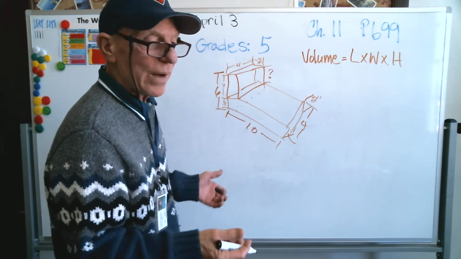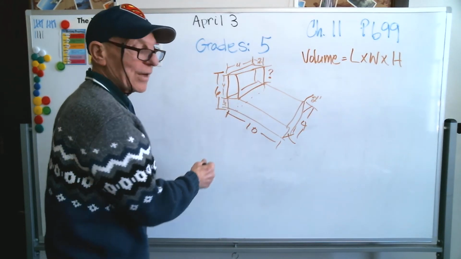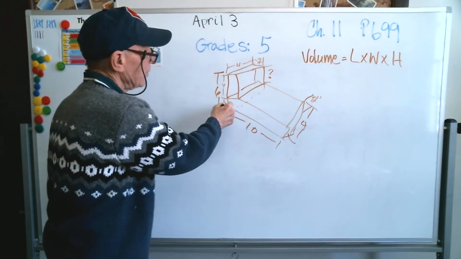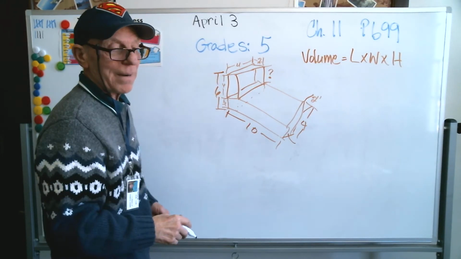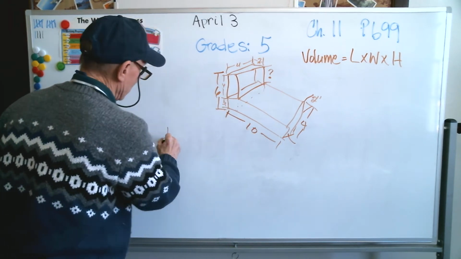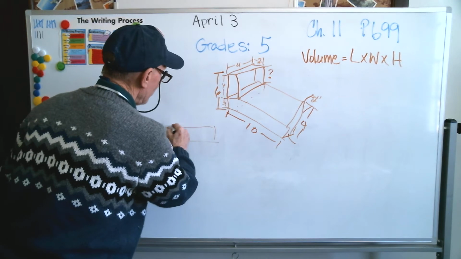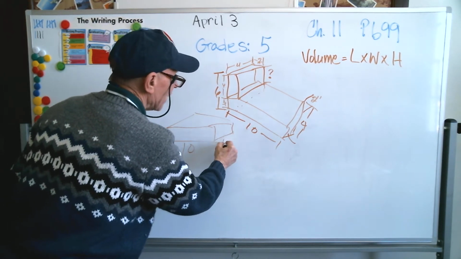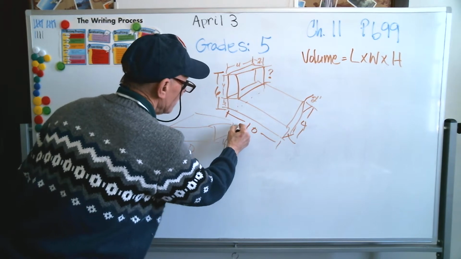Now there are two different ways we can do this. We can either do the bottom rectangular prism and then the top, or we can do the top and the balance of the bottom. But let's just do the bottom. We know that the bottom rectangular prism is 10 inches by 4 inches by 2 inches.